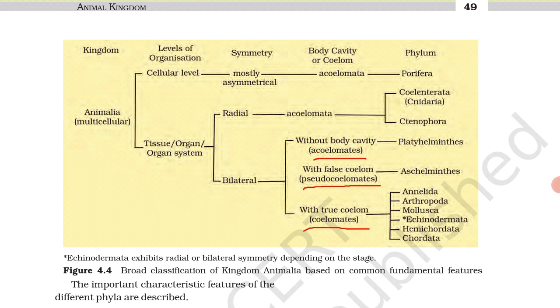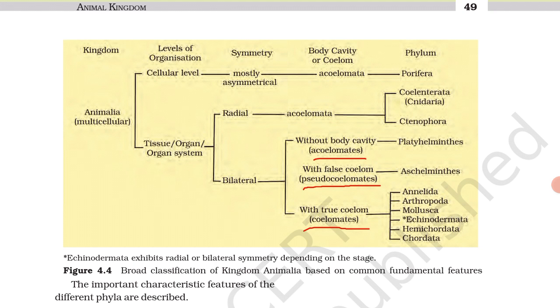Next is symmetry. We have seen asymmetrical, radial symmetrical, and bilateral symmetrical animals. Next is body cavity and coelom. We have studied body cavity earlier.